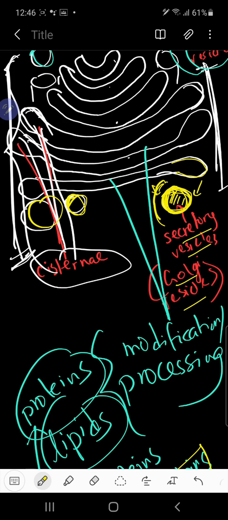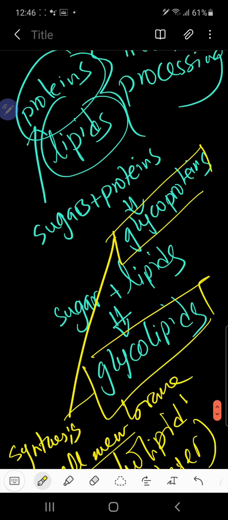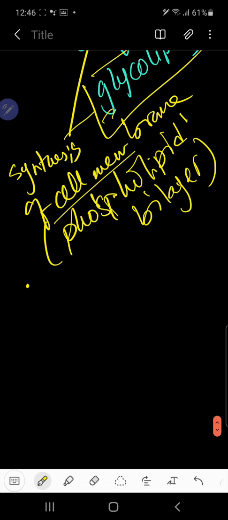So these secretory vesicles or Golgi vesicles can enter the lysosomes or be used for the synthesis of lysosomes, and these Golgi vesicles can also be transported out of the cell by the process of exocytosis. Since we learned about the modification of proteins and lipids, these glycolipids and glycoproteins can also help in the synthesis of the cell membrane, or the phospholipid bilayer, which is another name for the cell membrane.